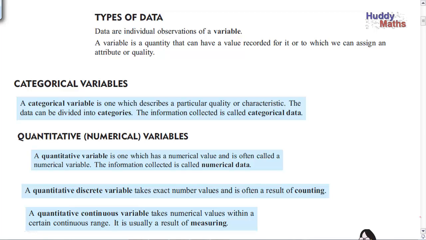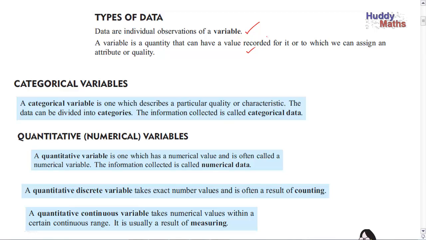This summary comes now from Hayes and Harris publications of maths applications. So types of data. Data are individual observations of a variable, something that is varying. Could be eye colour, could be foot length, or people's heights or weights.